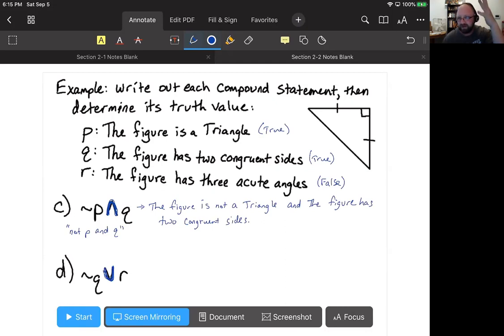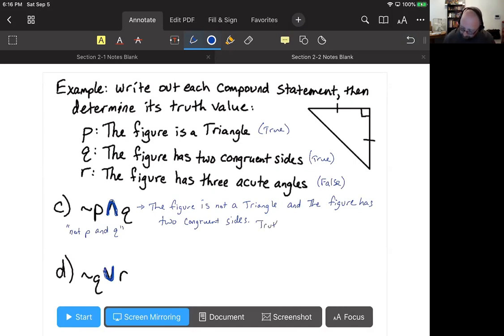Now what we're going to do with that statement is we are going to determine its truth value. Remember that the word and, which is what we have in that statement, means that both parts have to be true. Well, when we negated P, when we said the figure is not a triangle, that part is false. So what we have here is false and true. The first part is false. The second part is Q. That Q is true, but that doesn't matter.